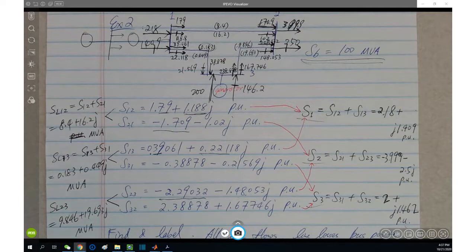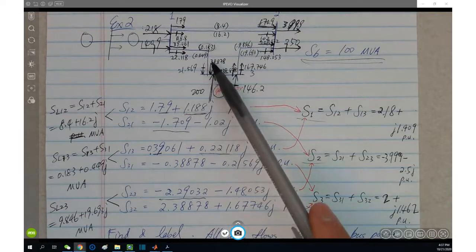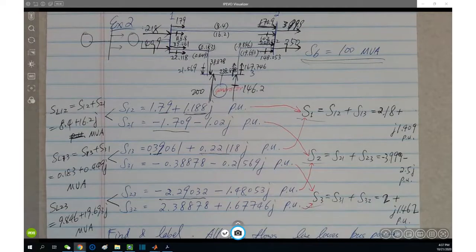Of course, you keep in mind that it's supposed to be a three-phase system, and so the power value is supposed to be triple. However, the given graph network here is a per phase circuit. You can't label three-phase power into it.